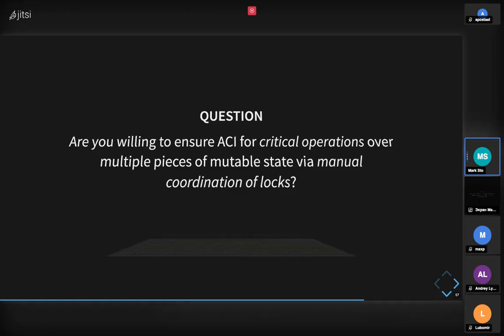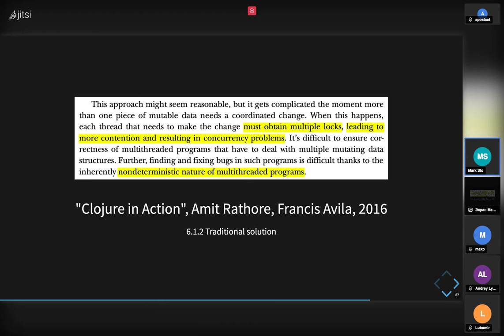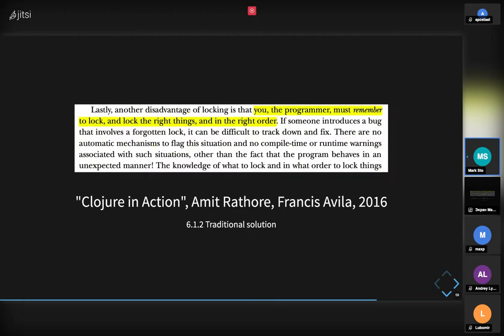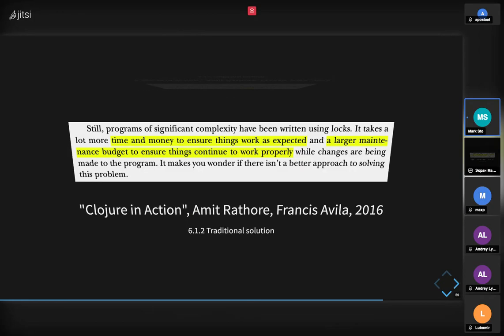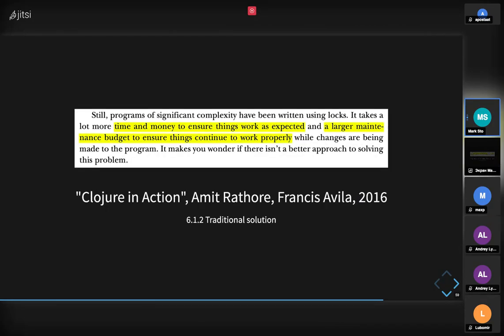The fun starts when you need to obtain multiple locks. You, the programmer, must remember to lock the right things and in the right order. And it takes a lot more time and money to ensure things work as expected, and a larger maintenance budget to ensure things continue to work properly while changes are being made to the program.